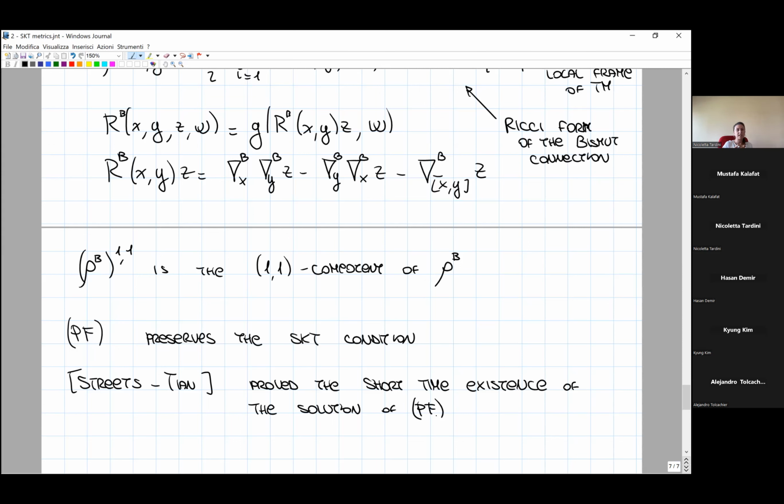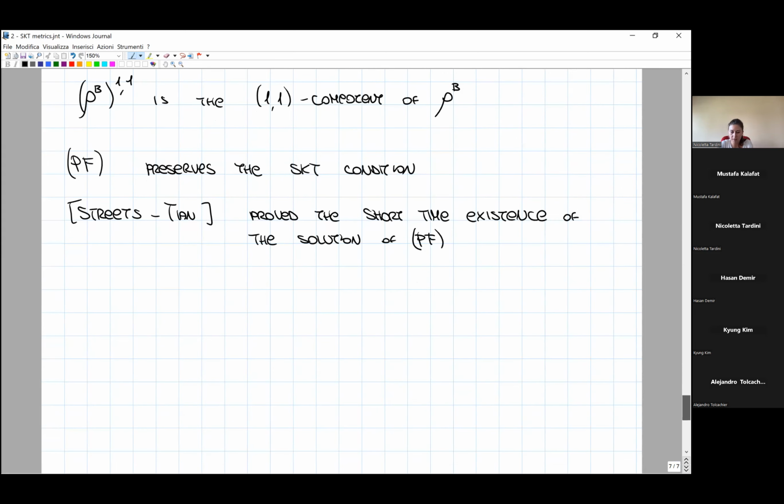Okay, so if you start with an SKT metric, there exists a unique solution for at least a small time, starting from omega 0.